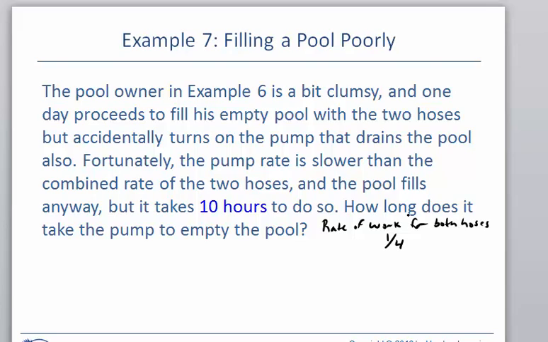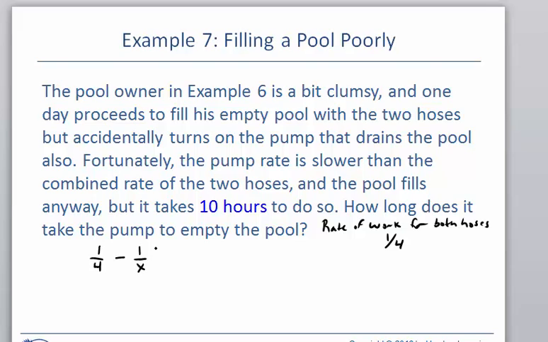Now, we also know that this pump has been turned on that's draining the pool. If you think about the pump draining the pool, that's going to indicate subtraction. The 1/4 is what's happening with the 2 hoses putting water in, and then we've got a negative 1 over x for the pump.